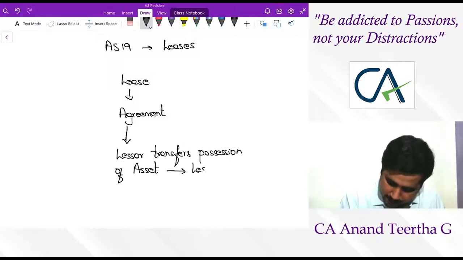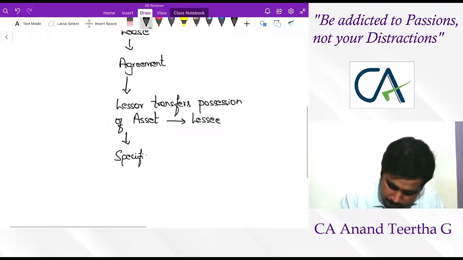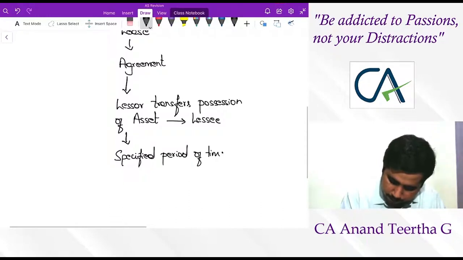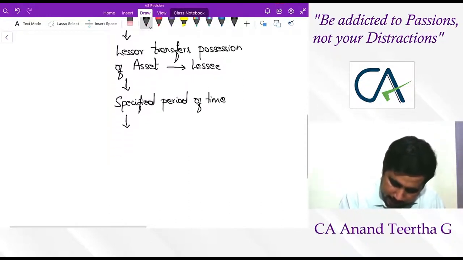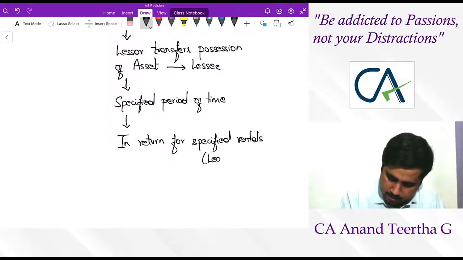To lessee, for a specified period of time, in return for specified rentals. The specified rentals will be called lease rentals.